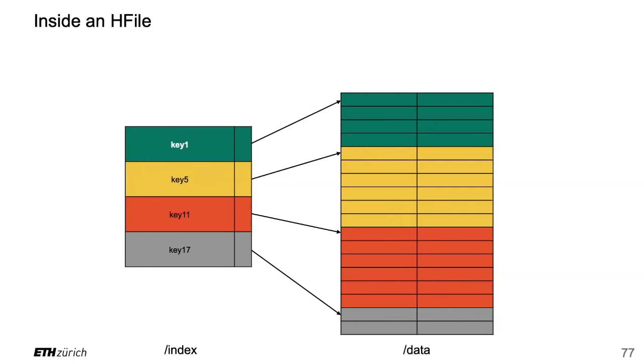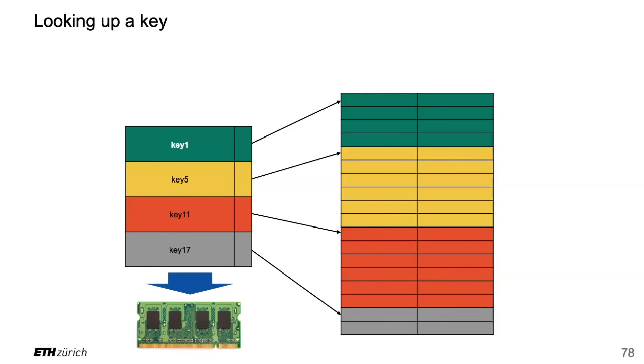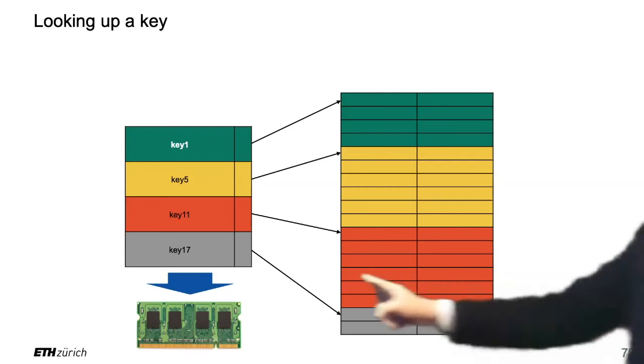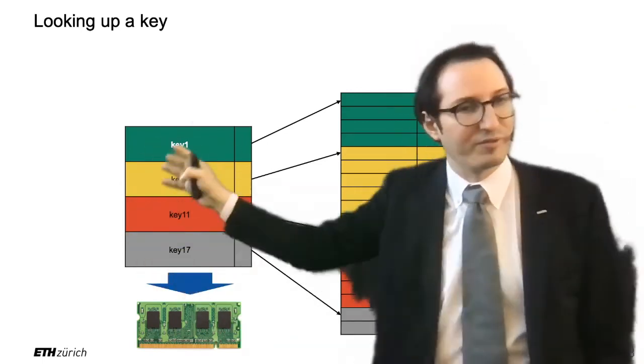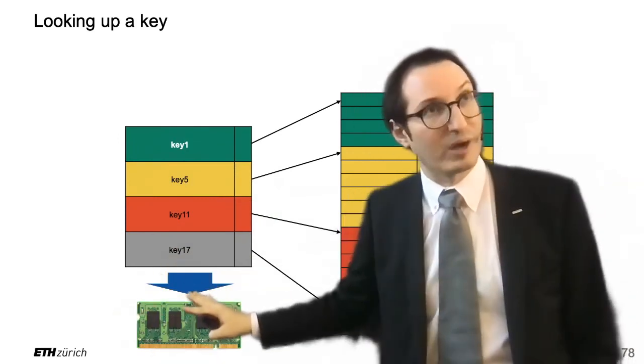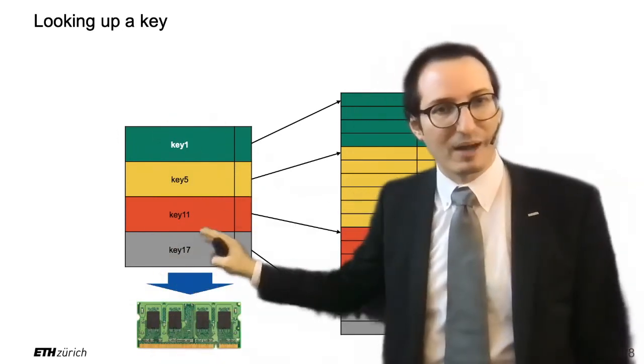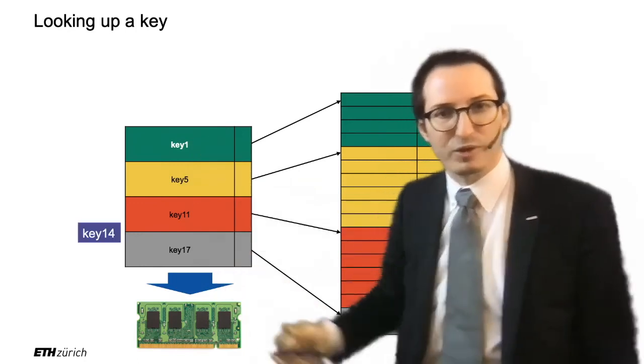What happens is that this is all stored in the HFile, so it's all stored on HDFS, but when you want to read it and access the contents, the first thing you do is copy over the left part, the actual index, and load it in the RAM, in the working memory. It's small enough that you can do that. Once you have loaded that in the RAM, it's straightforward to navigate the structure right there.